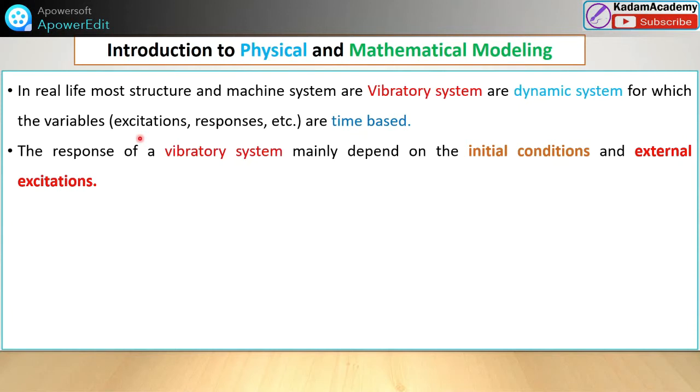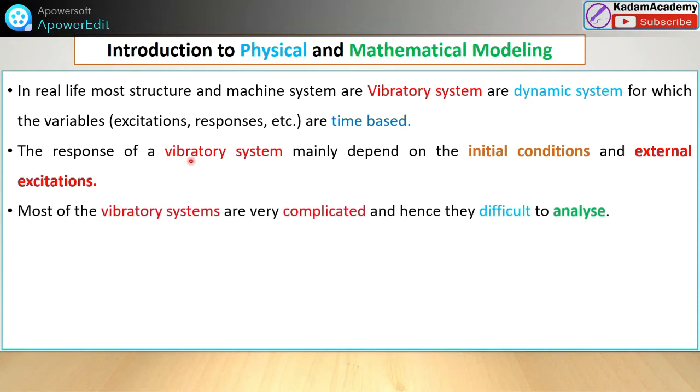So these vibratory systems are very complicated and hence difficult to analyze, and to solve such problems I need to do the analysis very properly.